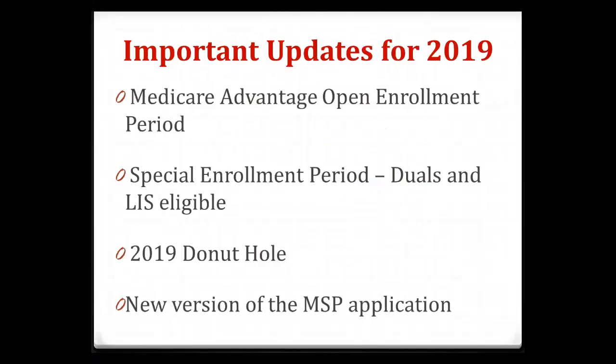With a PPO, you can go outside of that bullseye. The bullseye is going to be your network of providers. With the PPO, you can go outside of that bullseye to where you're able to stay in the network and pay the plan's designated copays, or you can go outside of the network and have a higher coinsurance but still are considered covered.